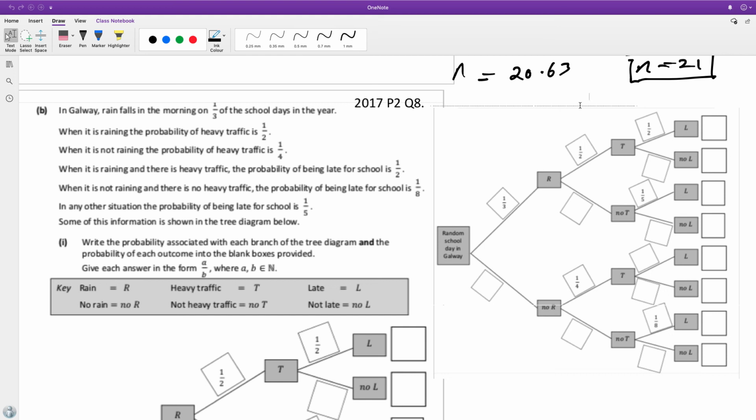This question is a lot easier than you think it is. You got all your boxes filled in and then fill in the last ones.